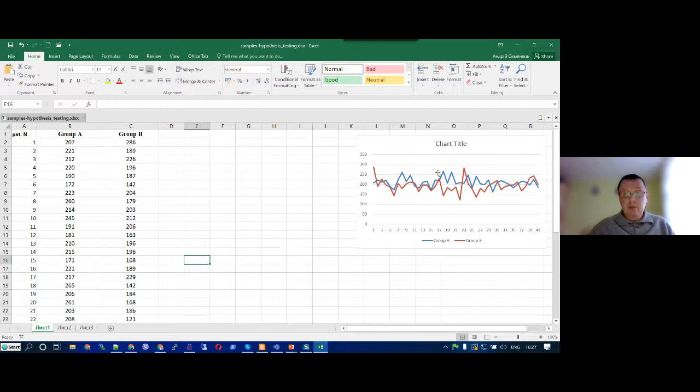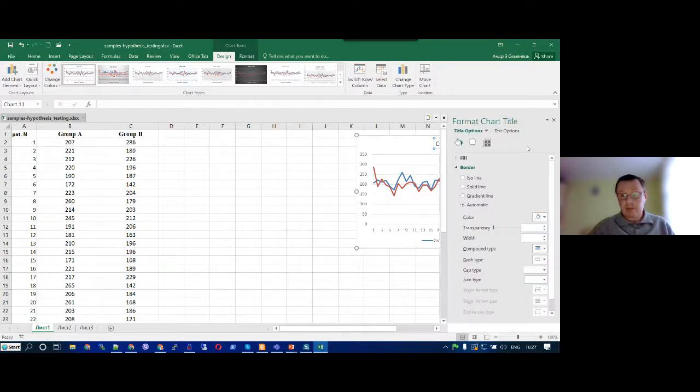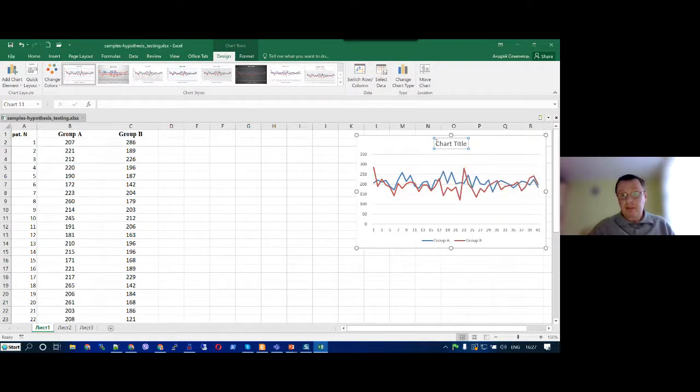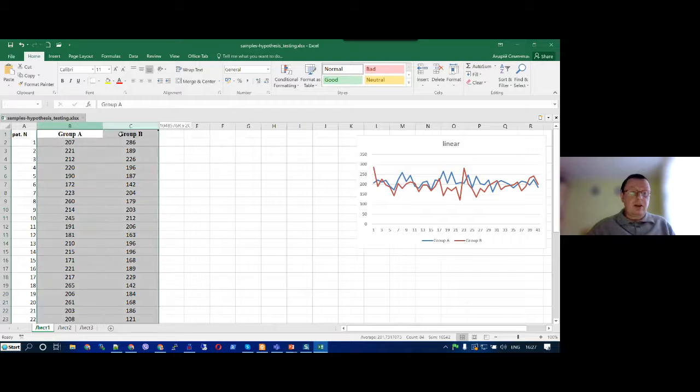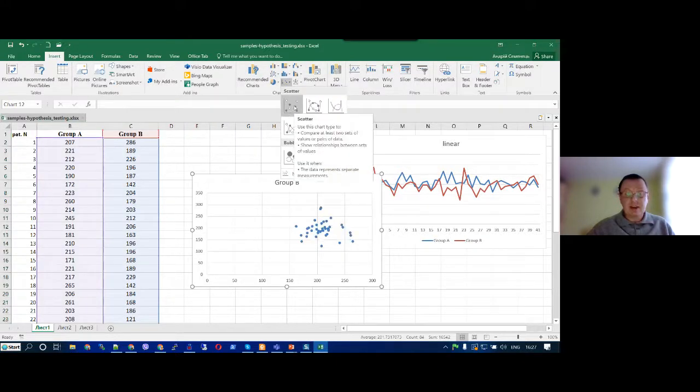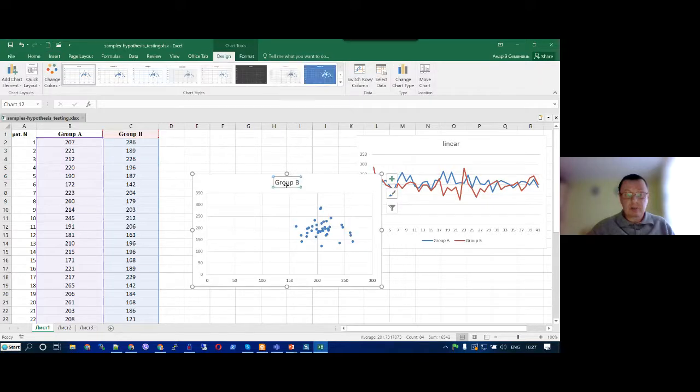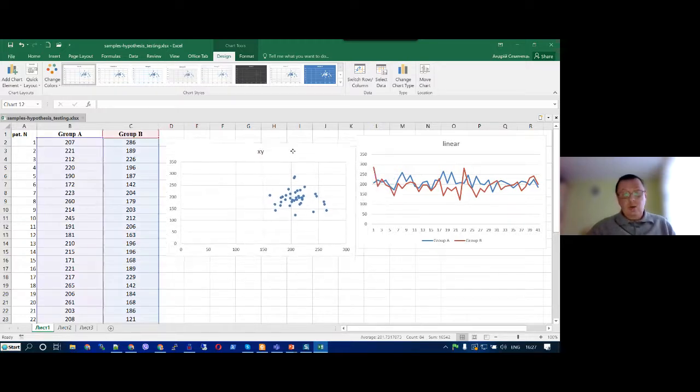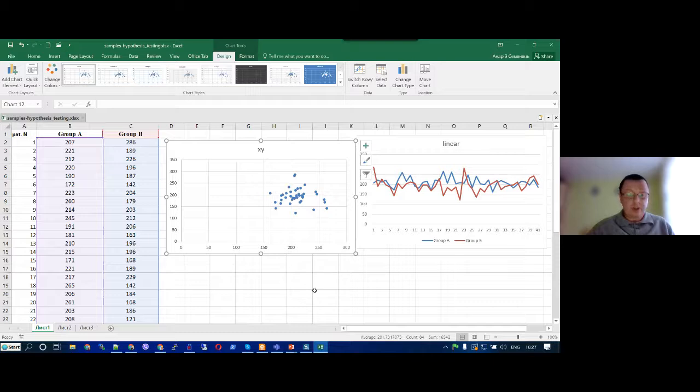But if you want to compare these two variables, the correct way is to use a scatter plot. So here we will use XY scatter, XY scatter with only dots.